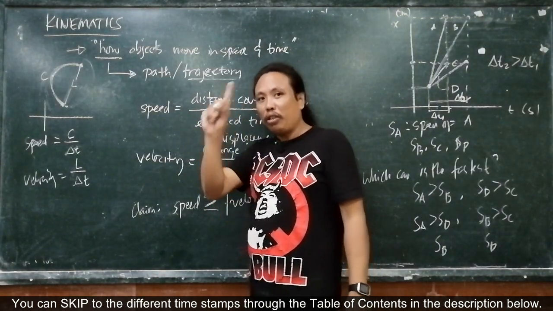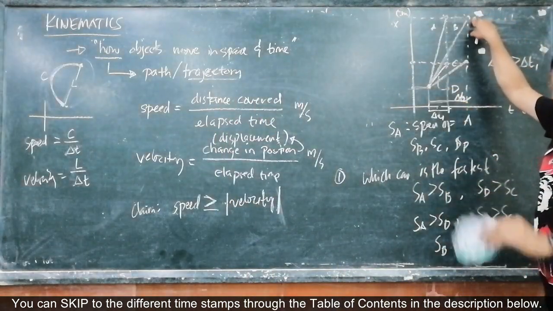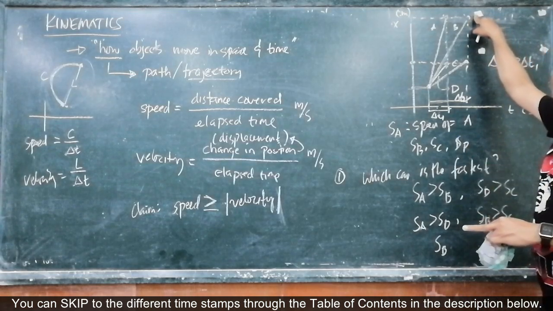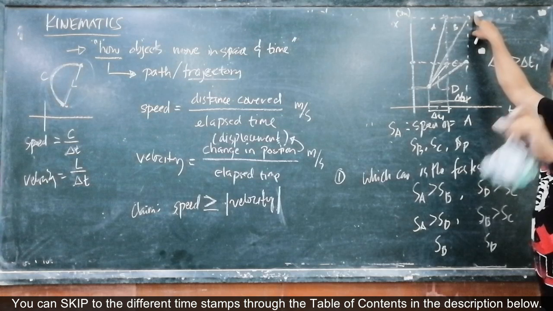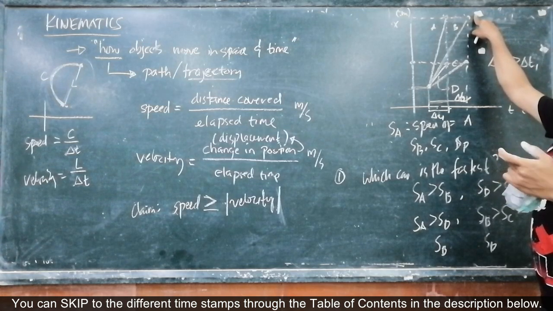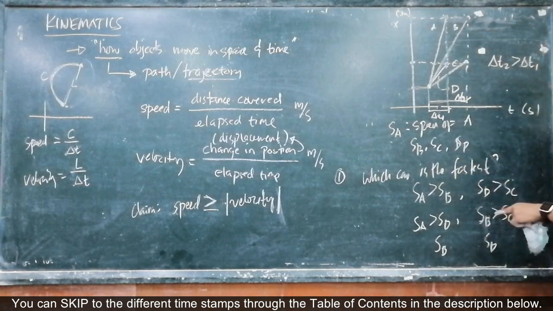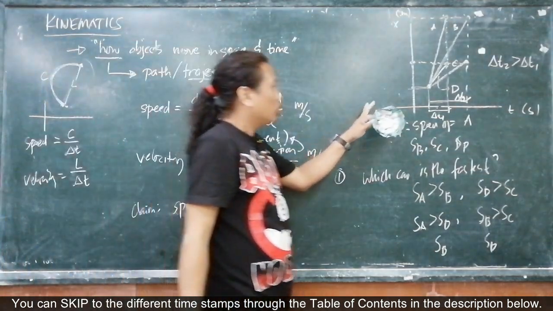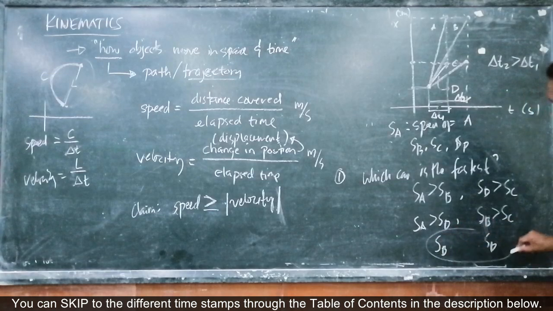So there are two conditions. Here, B has traveled a much farther distance than D. But D has traveled quicker, on the other hand, with a smaller time of travel than B. Because of that, we could not establish this one.